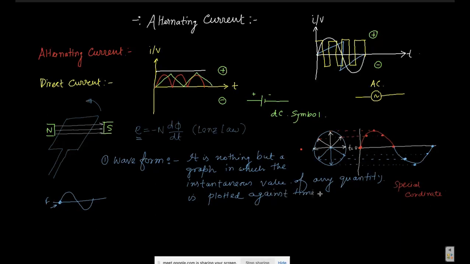It means in each and every instant you can plot. You take 4, 5, 6, 7,000, 1 lakh instants, and for each and every instant you get one coordinate of the charge, and if you join those coordinates, then you get one path, that is called a graph, which is nothing but a waveform. So this is the basic fundamental of the waveform.